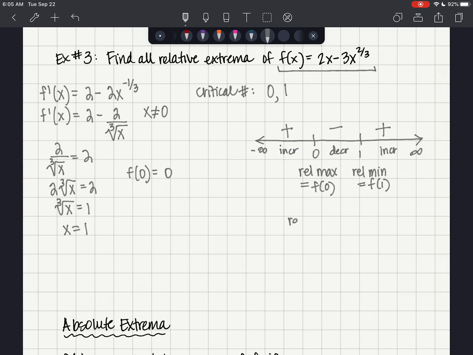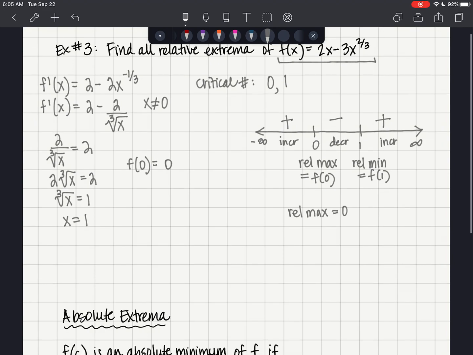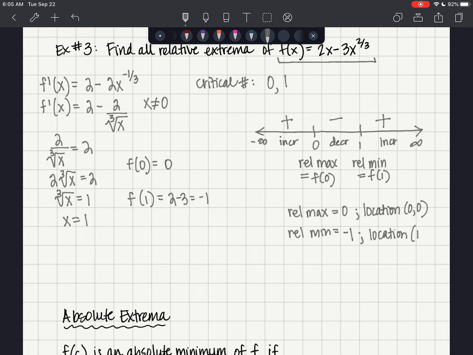So the relative max is equal to 0, and its location is 0, 0. The relative min is f of 1. When I put a 1 in, I get 2 minus 3, which is negative 1. So my relative min is negative 1, and its location is 1, comma, negative 1.